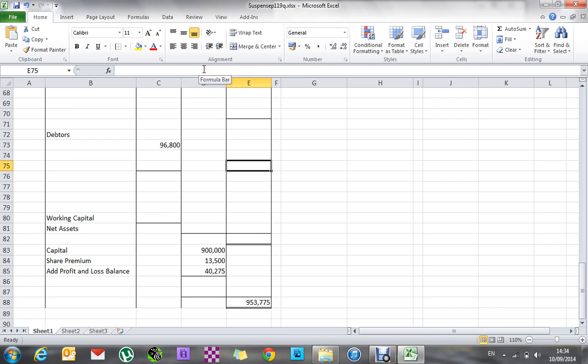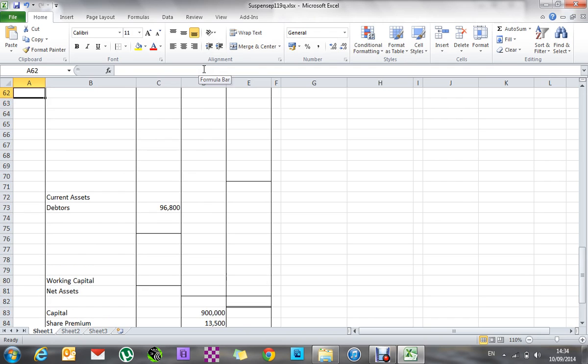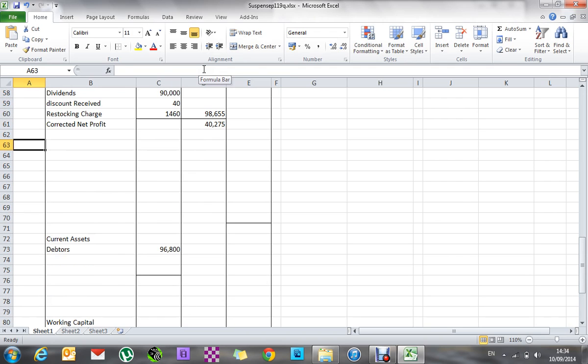So now, I've already put my debtors figure in, and I just have it in the wrong place there. And that's current assets. So if I go to, let's see, so let's go to the balance sheet, and then first we have fixed assets.